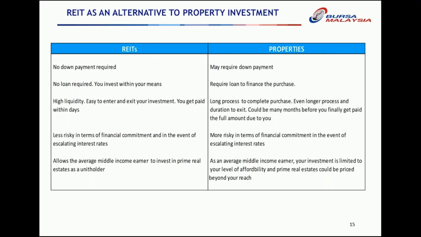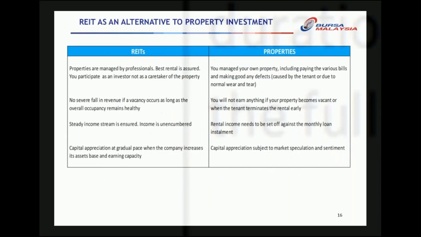But if you are investing for rental purpose or to flip the property, you have to go further away from the prime areas. But that is when demand in those areas would not be as strong as those in the prime areas. So it's a chicken and egg story.